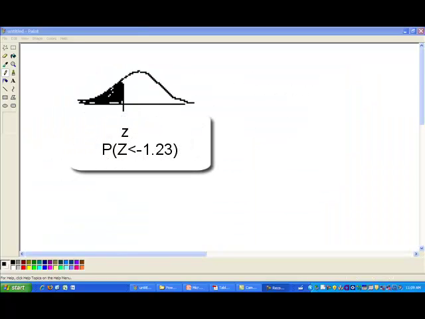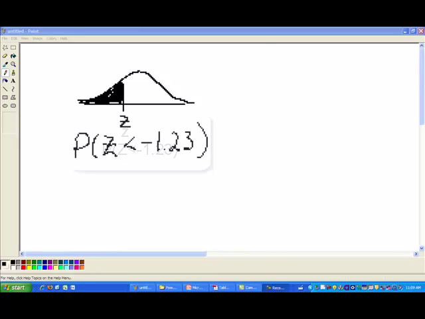So very quickly we're going to find the probability that z is less than negative 1.23. As we said in the last slides, that is exactly how our Table A gives us the probabilities for the standard normal distribution. And z was that variable that has the standard normal distribution, that is the mean of 0, standard deviation of 1.